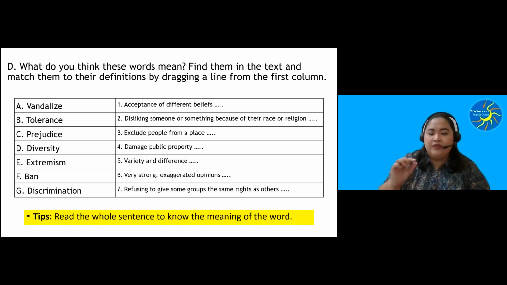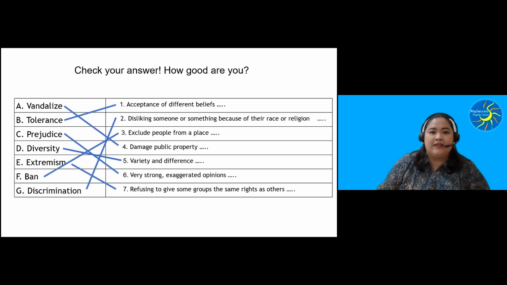Remember, you only need to read the whole sentence where you have that difficult word, and then after that, you can guess the meaning according to the context that is given. Yeah? So we call it guessing from context. Okay? So now let's check your answer.